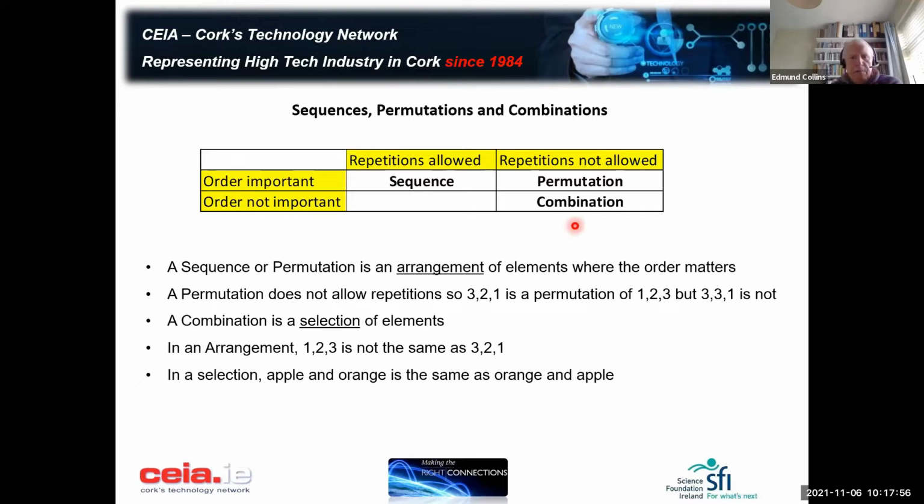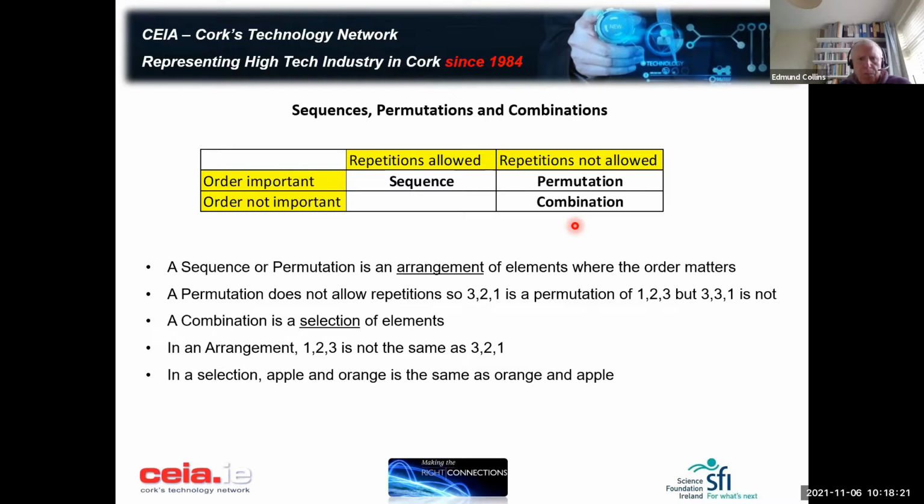So having done some of the basic theory there, we'll move on to looking at sequences, permutations, and combinations. Now it can be a bit confusing when you're looking at these three different ways of presenting a set, if you like, of numbers.